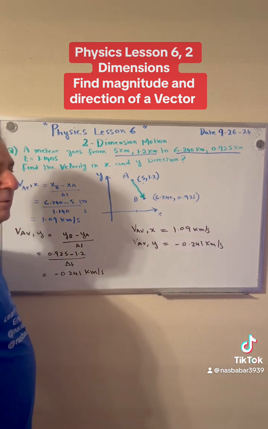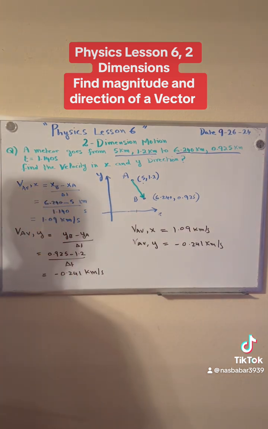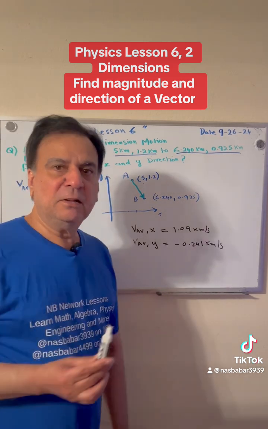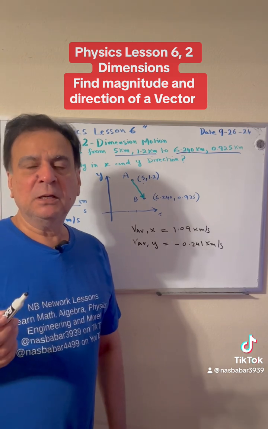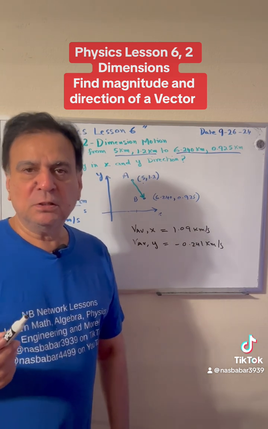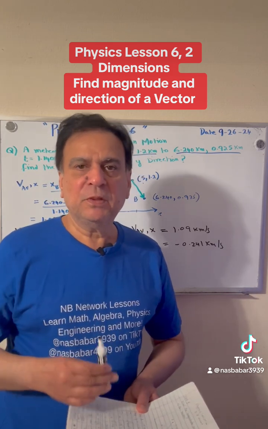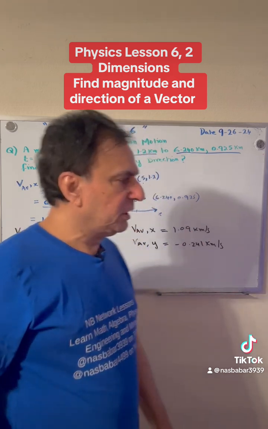So then I showed you in my last lecture that they wanted us to find the velocity in the x direction and the y direction. As you already know, projectile motion or two-dimensional motion is a result of force in x direction and y direction, and then you have a mixture of that as a projectile.